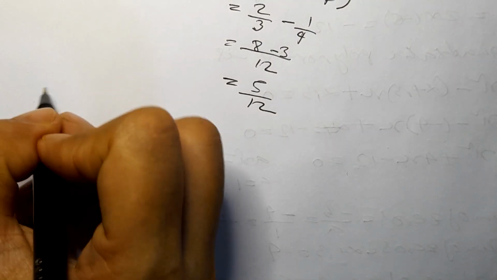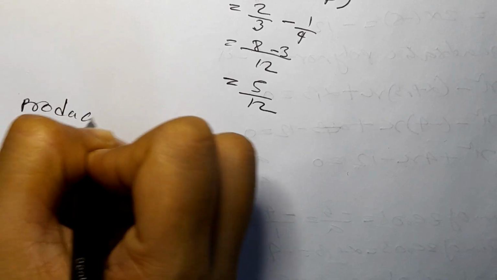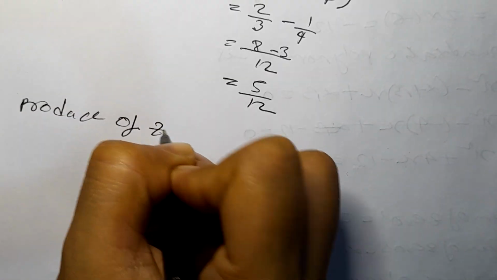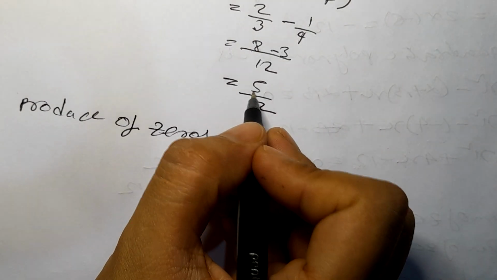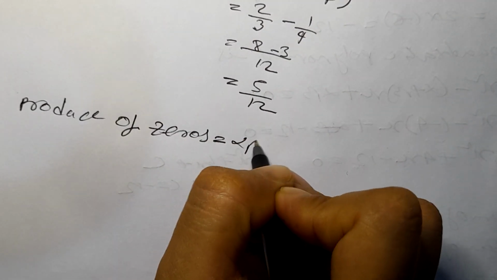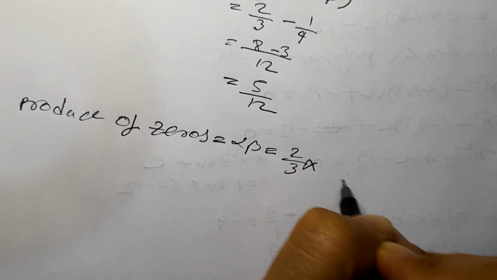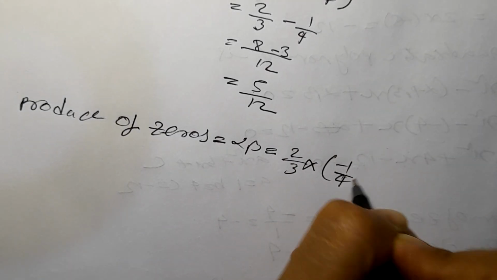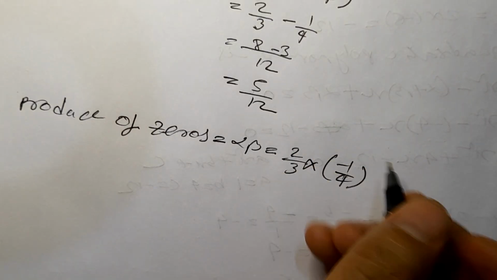Now it's for the product of zeros, that is alpha into beta. The value of alpha is 2 by 3. The value of beta is minus 1 by 4. Now multiply it.